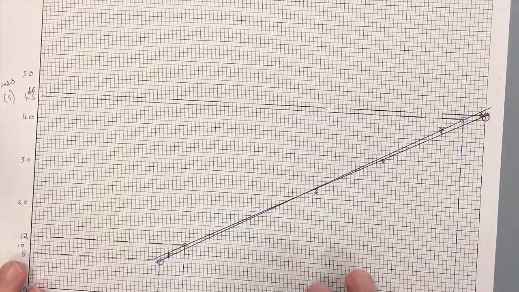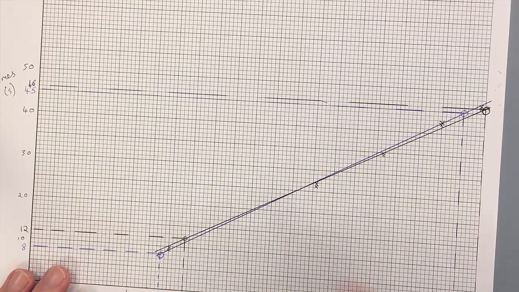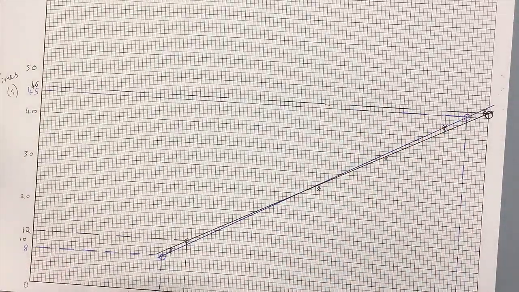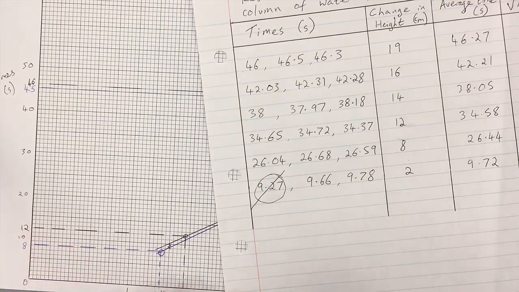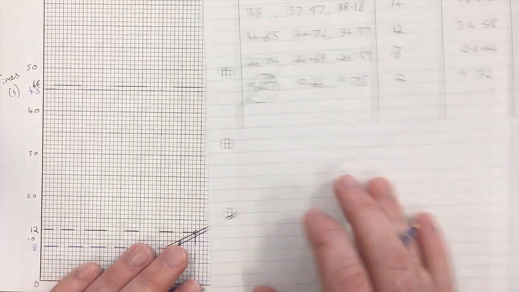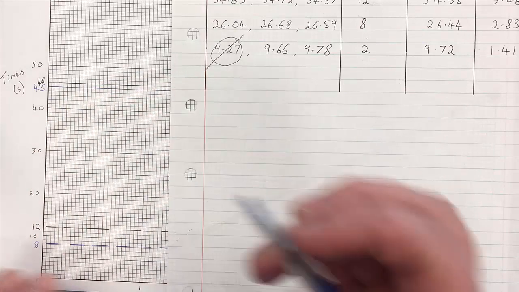So this shows up a little bit more easily on the video. I'm going to write down the values that we're using, and then I'll turn over and do the working on there. So we've got, for our blue line, our rise goes from 8 to 45.